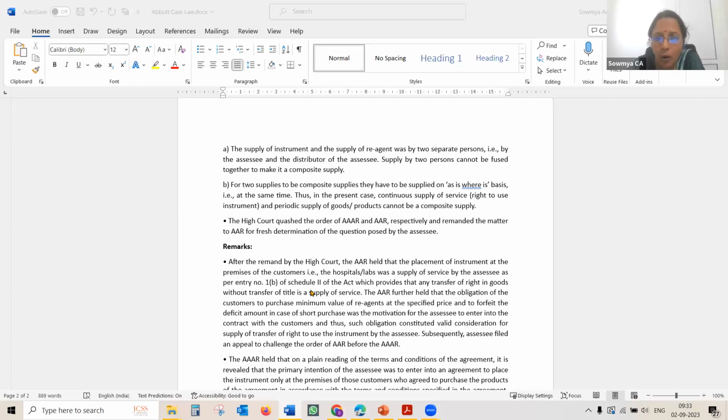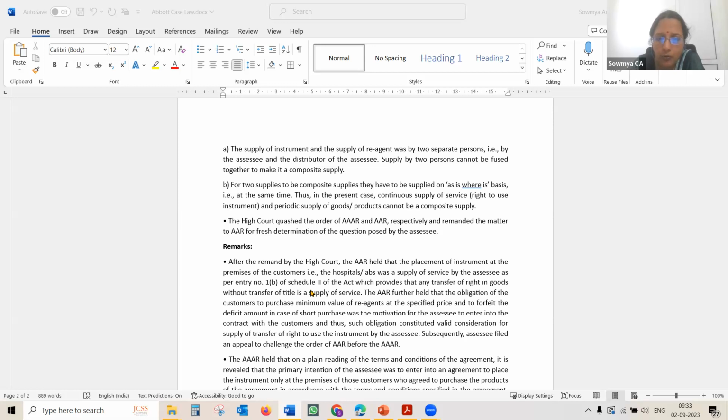Supply by two persons cannot be fused together to make it a composite supply. For two supplies to be a composite supply, they have to be supplied on an as-is-where-is basis at the same time. Thus, in the present case, continuous supply of service, right to use the instrument, and periodic supply of goods cannot be a composite supply.